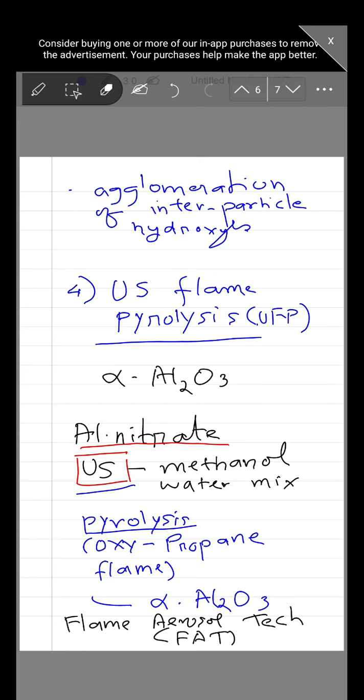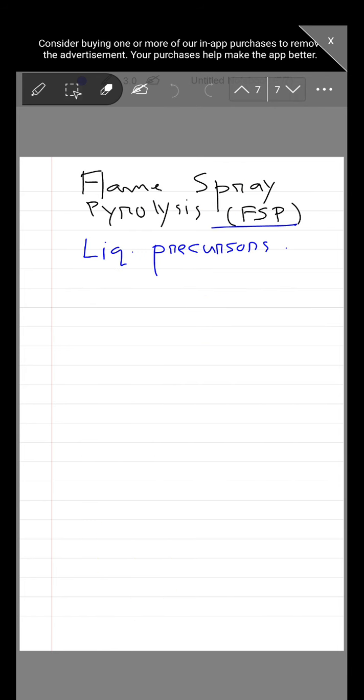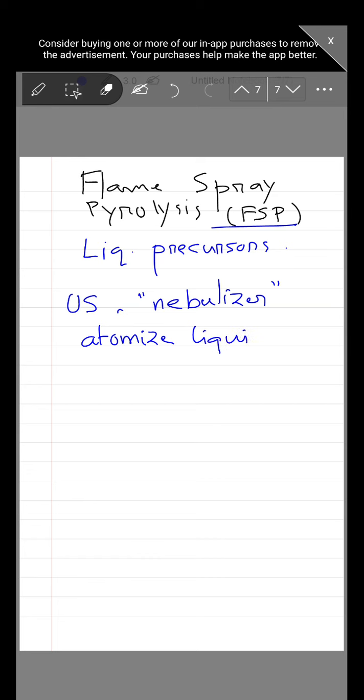Now the advantage of this method is that the ultrasonic acts as a nebulizer to atomize liquid into spray.